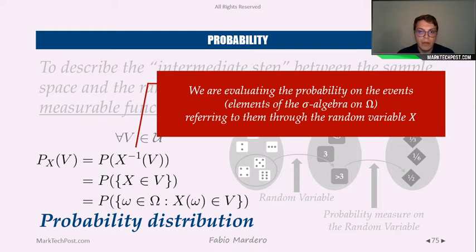So we are evaluating the probability on the elements of the sigma algebra of the sample space, referring to them through the random variable x. This gives us a lot of flexibility, since a random variable could be whatever we want, and we can describe a random phenomenon through one or a set of random variables.